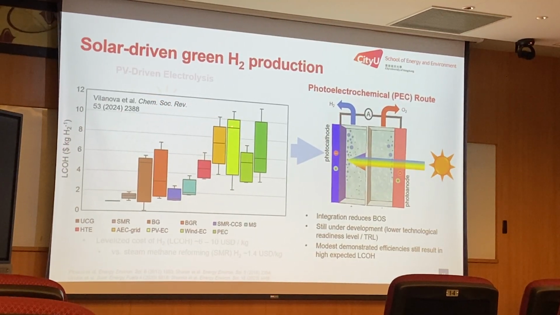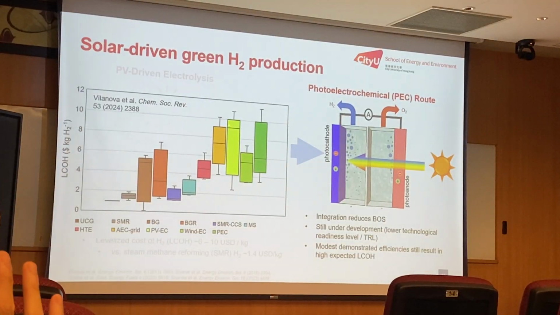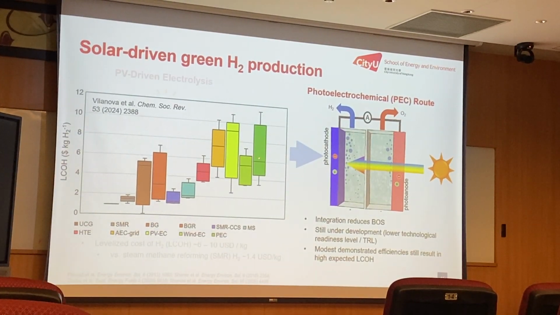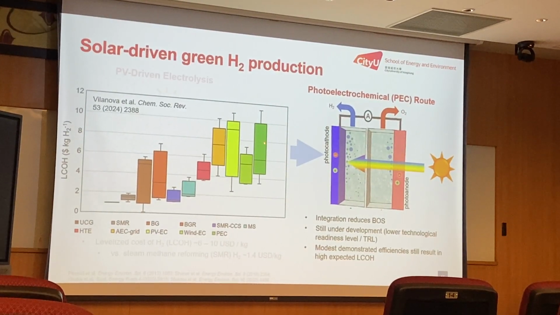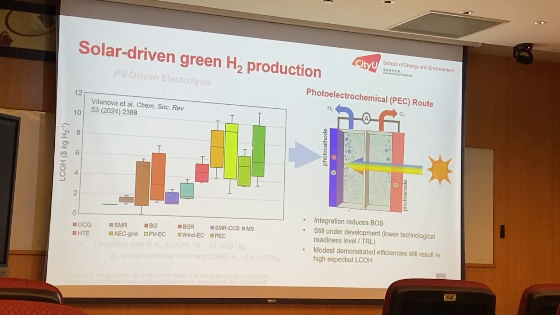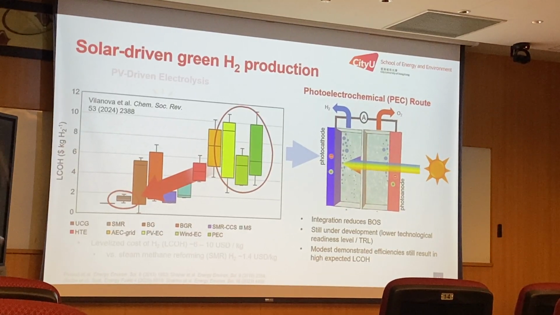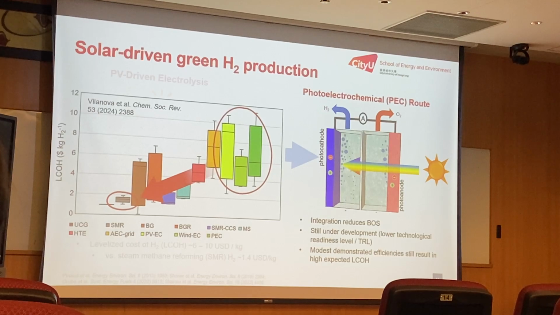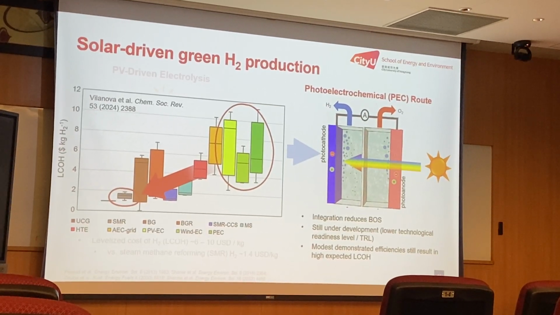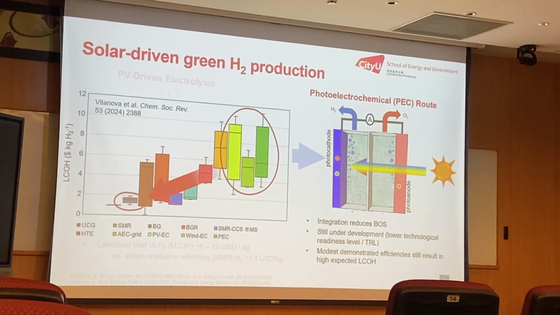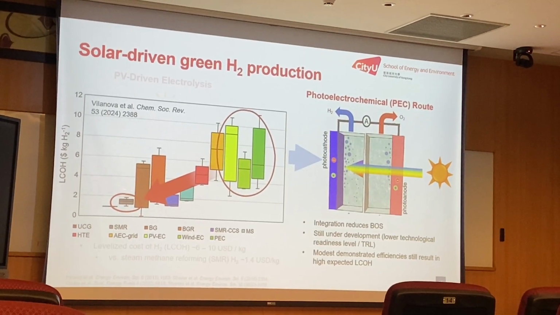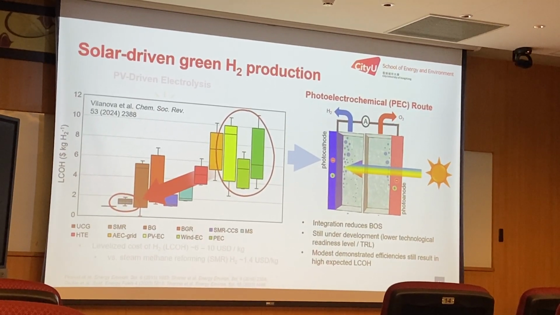So this light green color is photovoltaic electrolysis, the levelized cost of hydrogen. And for PEC, this approach is this darker green bar, right? So the range is still very much similar. So the motivations that we had at the beginning didn't materialize yet, right? We haven't really been able to push the levelized cost of hydrogen closer to the steam methane reformed hydrogen.